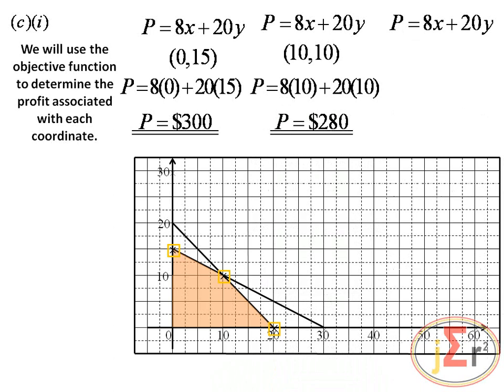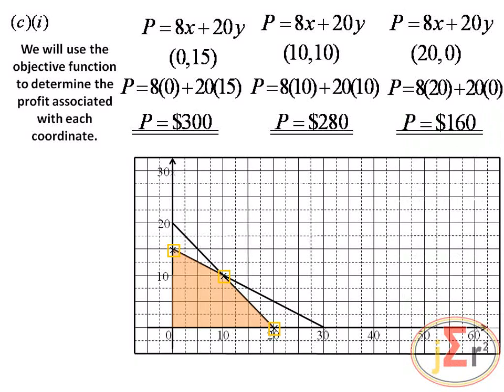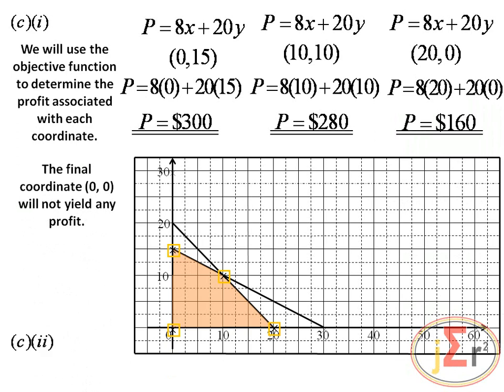Then we get 20 times 8 and 20 times 0, $160. The final coordinate 0, 0 will not yield any profit. We do not need to include that. Its profit will be 0. That one is our maximum profit, $300.